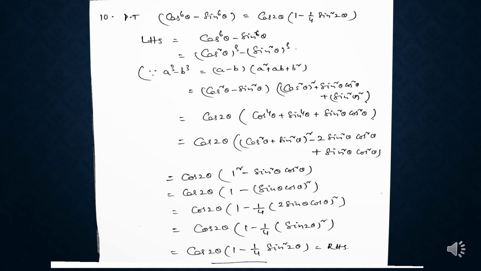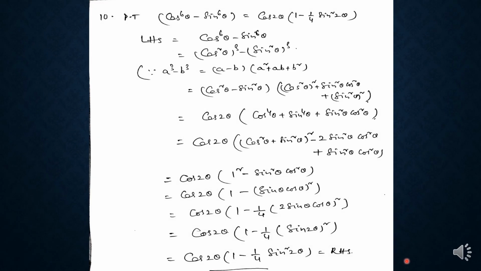Next problem. Prove that cos to the power of 6 theta minus sin to the power of 6 theta is equal to cos 2 theta into 1 minus 1 by 4 sin square 2 theta. LHS is equal to cos to the power of 6 theta minus sin to the power of 6 theta.